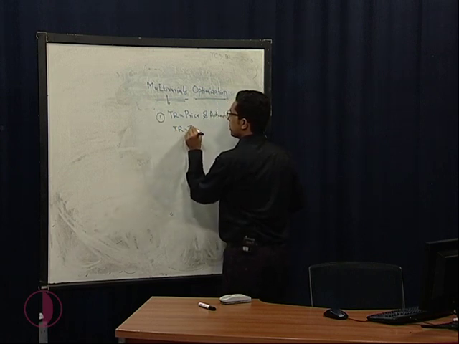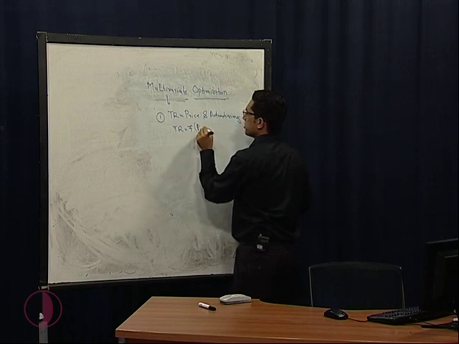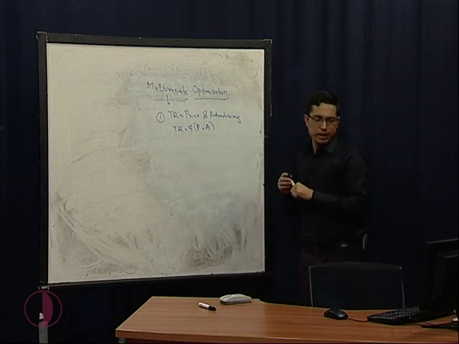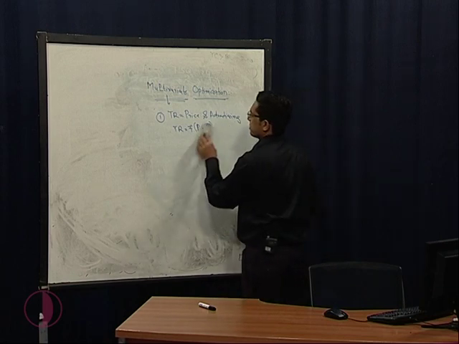It means that total revenue is the function of price and advertising. Or we can also write it as total revenue is the function of output and advertisement.